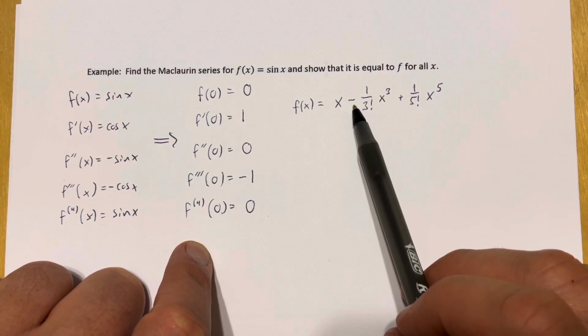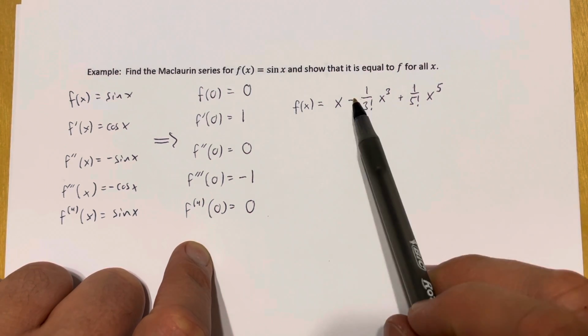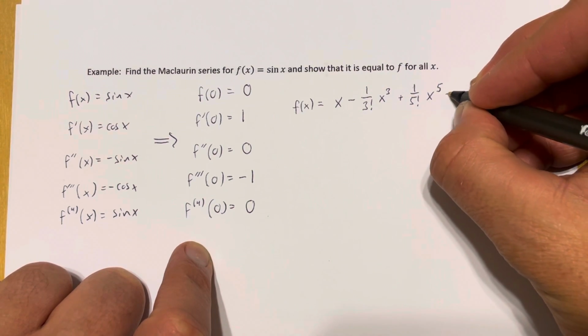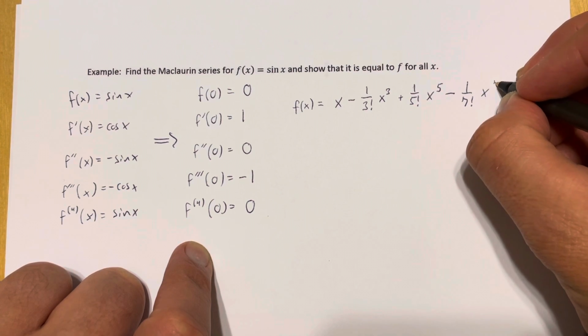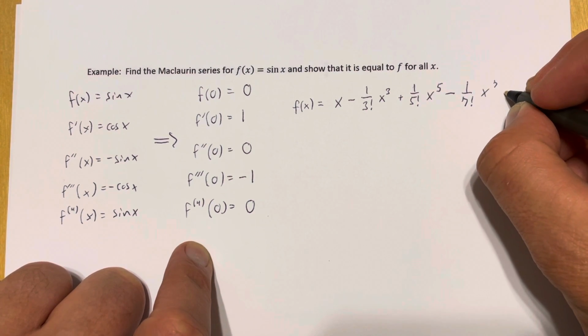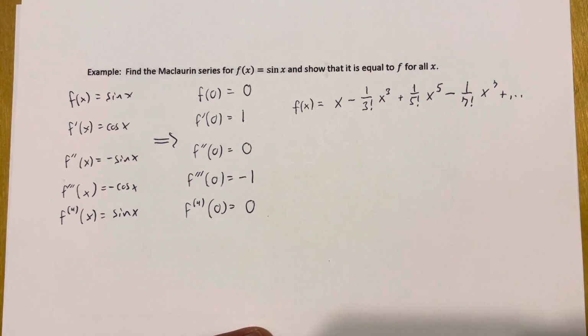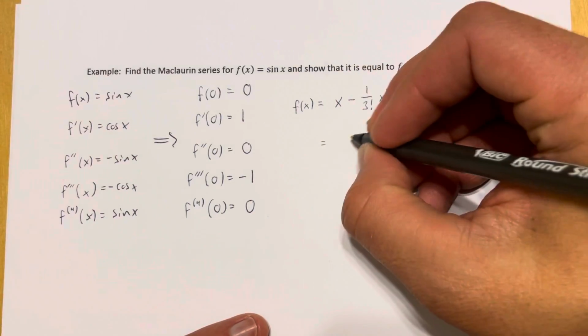And then in addition to that, we're looking at an alternating pattern of pluses and minuses here. So I could predict what my next term is going to be: negative 1 over 7 factorial x to the 7th, which is going to just continue indefinitely, with only those odd-powered terms appearing in this expression.